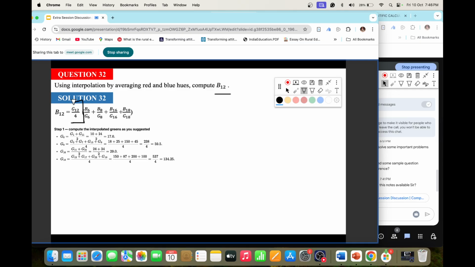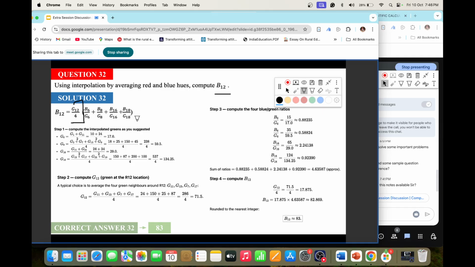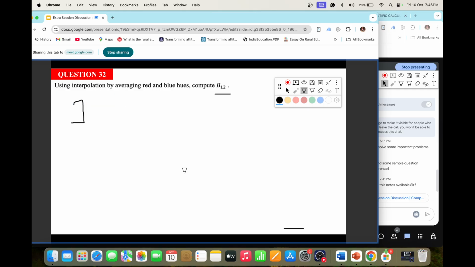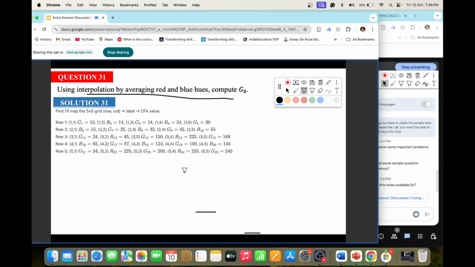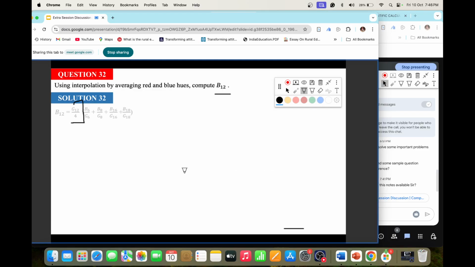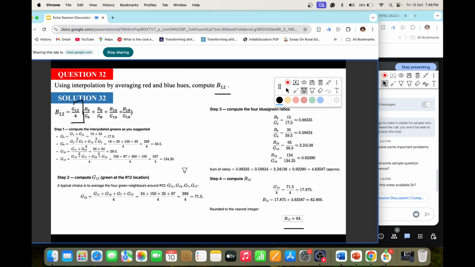First you calculate G12, and then B6 by G6, B8 by G8, B16 by G16 and B18 by G18. So first you calculate all these, G12, G6, G8, G16 and G18. Once you calculate all this, you put it here and you will get B12. So please go through this. It can be a bit confusing. I would recommend at least going through this CFA question. Okay, that is regarding the CFA questions.